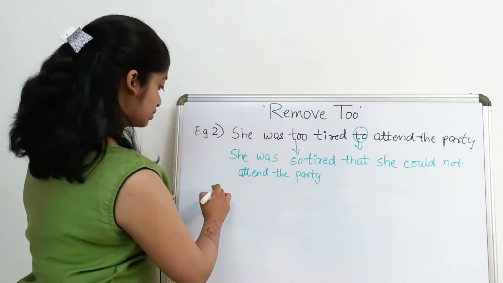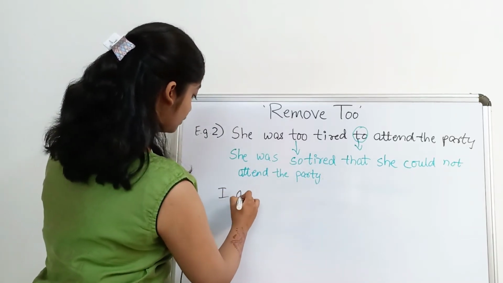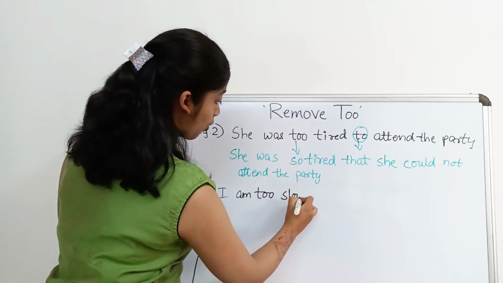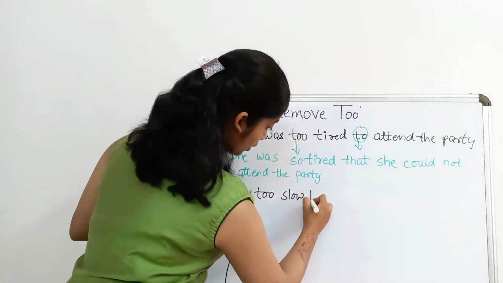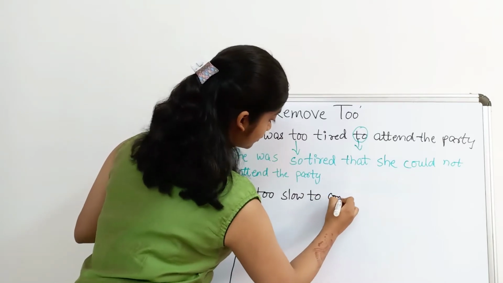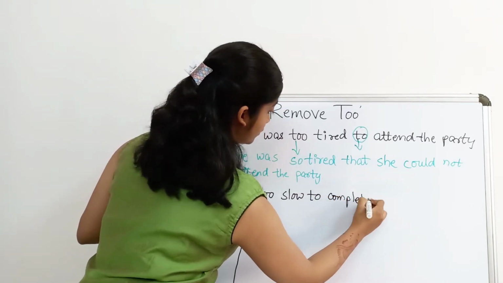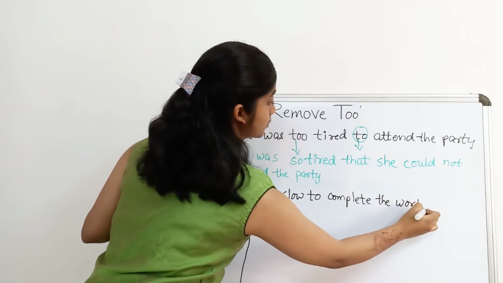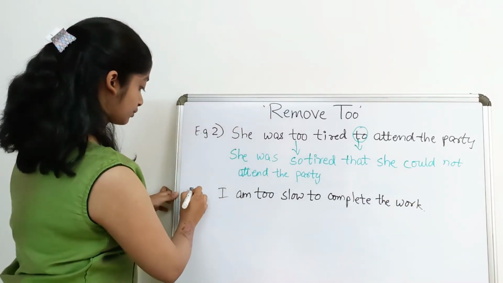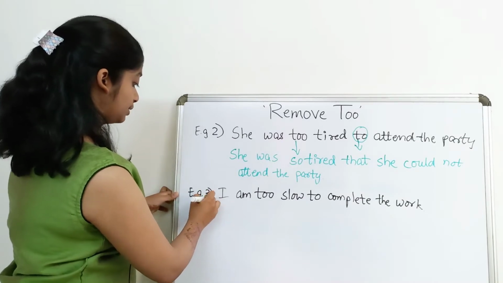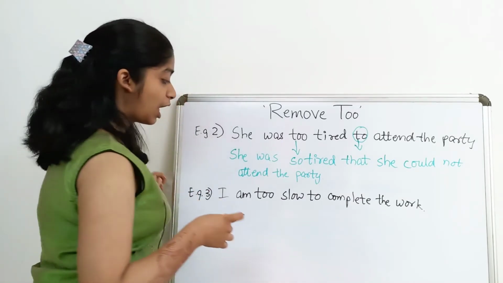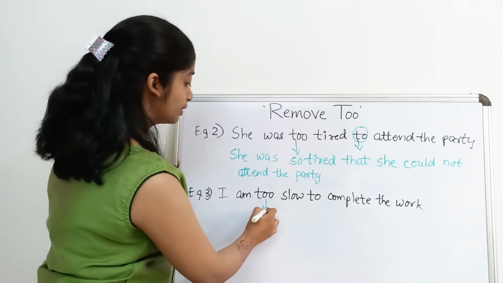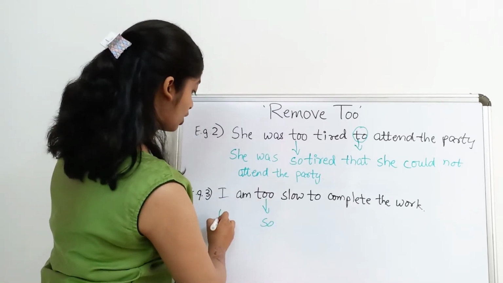Another example is, I am too slow to complete the work. This is the third example. So, how will we solve this one? "I am too" will be replaced by "so".